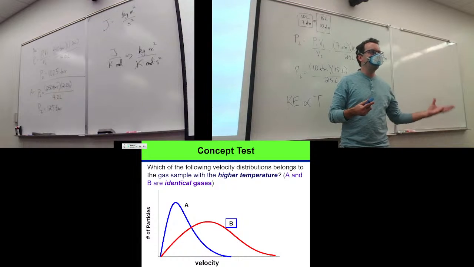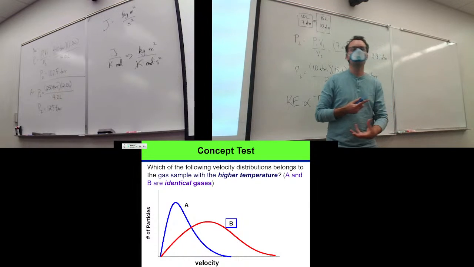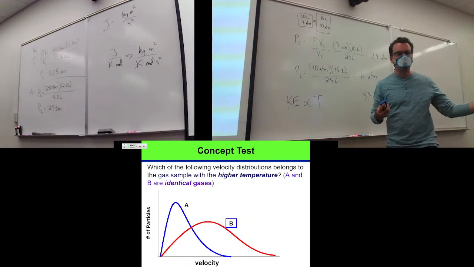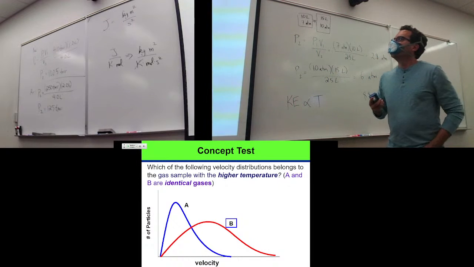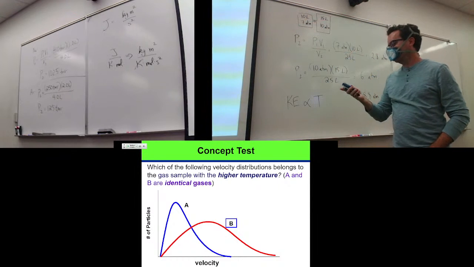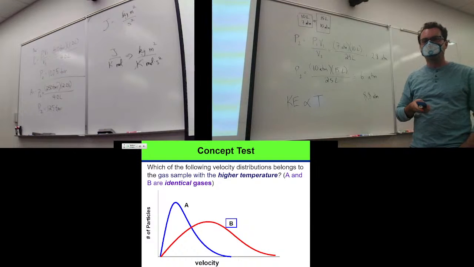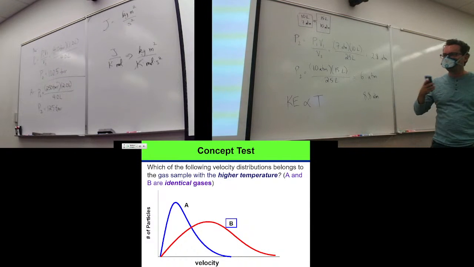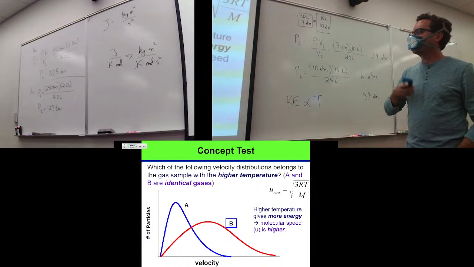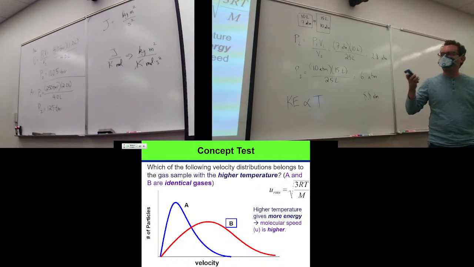Higher kinetic energy means greater speeds, especially if they're the same types of molecules, because then we don't have to worry about the mass. Yes, A and B are identical gases. It's okay, you'll have more time on the exams to read these and think about it some more. This is quick, which is fine, but hopefully it challenges your automatic assumptions.